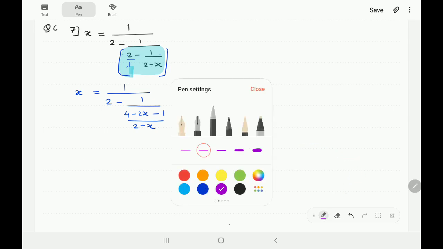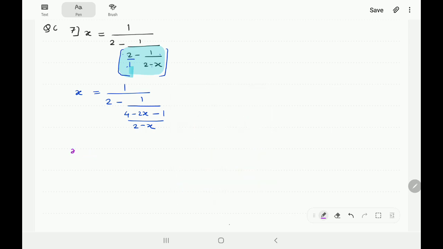I'll just change the color for every step so that you can differentiate this step. 1 upon 2 minus 1 upon (4 minus 1 is 3) 3 minus 2x upon 2 minus x. Got it? Done. This step is done.